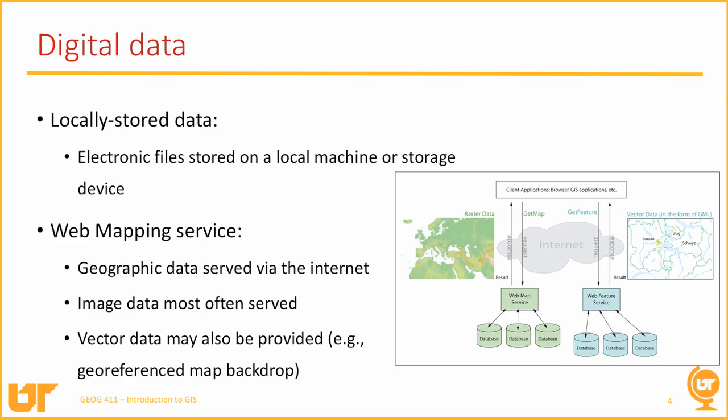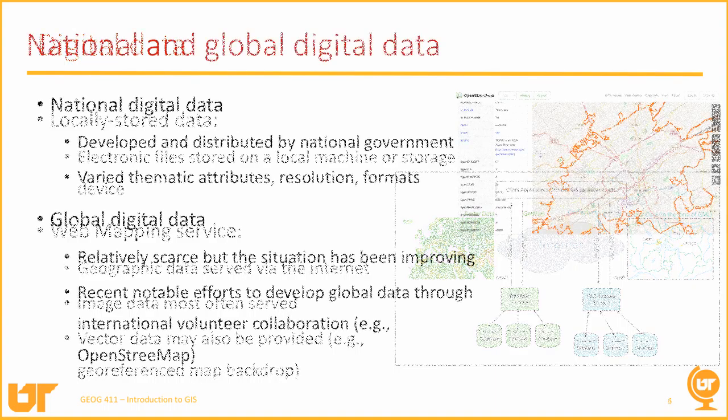And image data are most often served, but vector data may also be provided. The data don't reside on the local hard drive. They are delivered in response to each pan, zoom, or other change in the display.